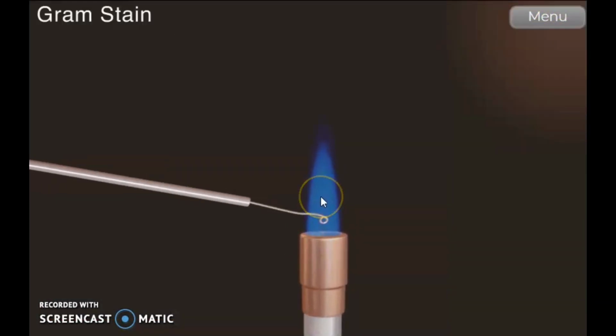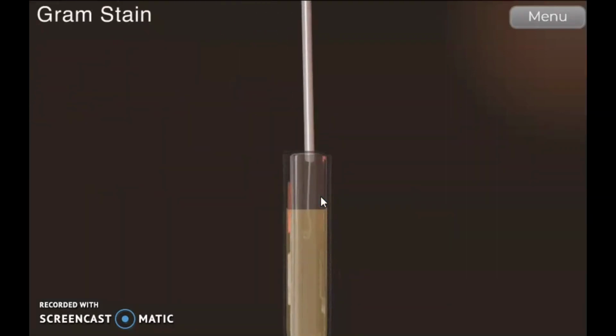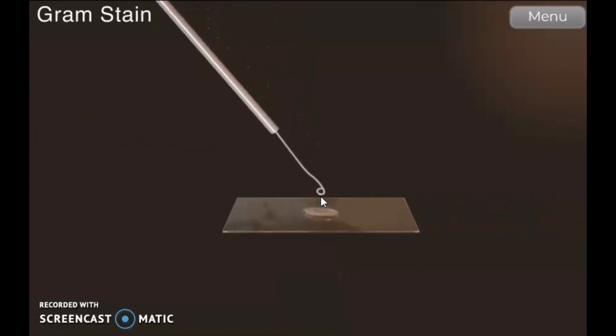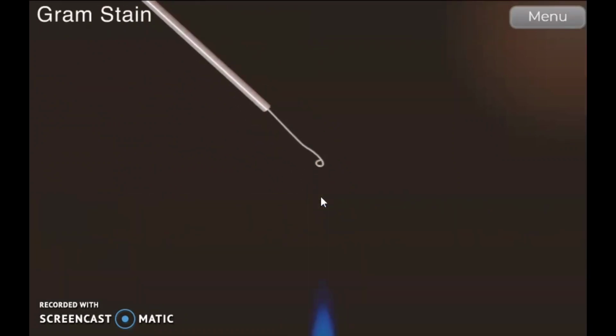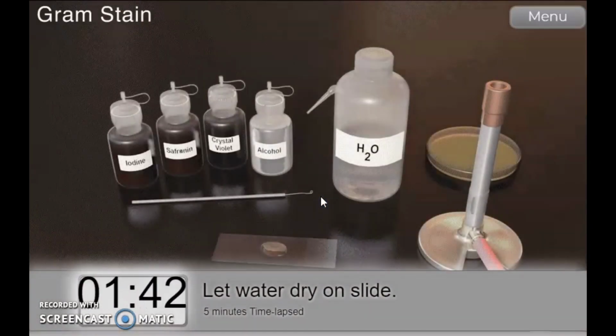First of all, I will explain about the gram stain. The gram stain is the most frequently used stain in a clinical microbiology laboratory and is usually the first step in identifying bacteria.